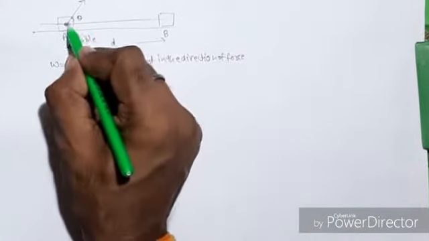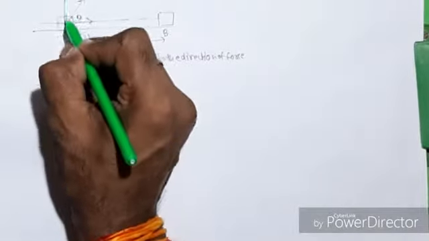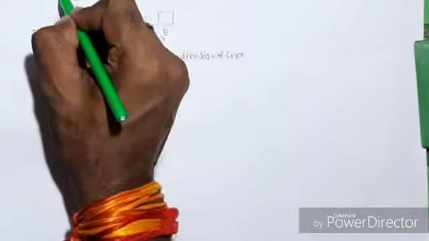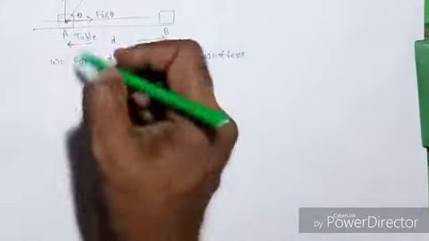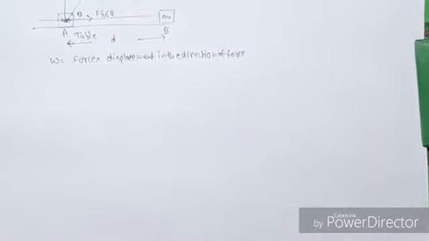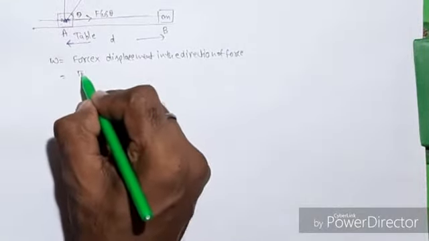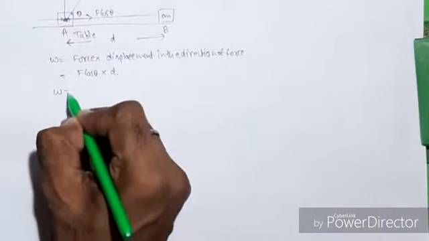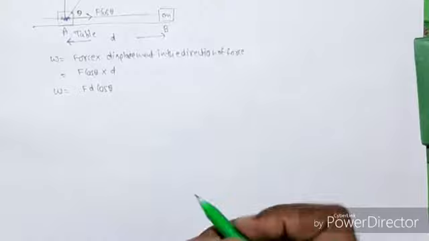So if we resolve the force, this is the horizontal component F cos theta and this is the vertical component F sin theta. There is no displacement of the body in the F sin theta direction. Therefore, the force in the direction of the displacement is F cos theta into D, or we can say the work is equal to Fd cos theta.